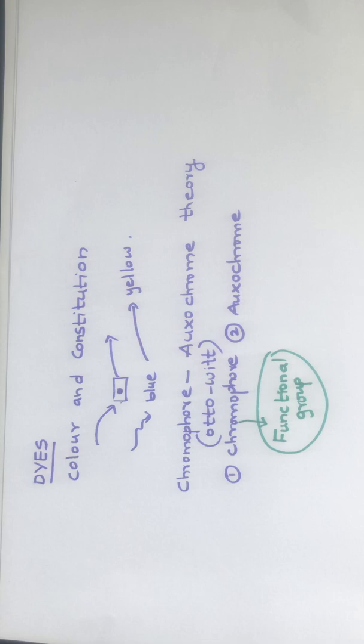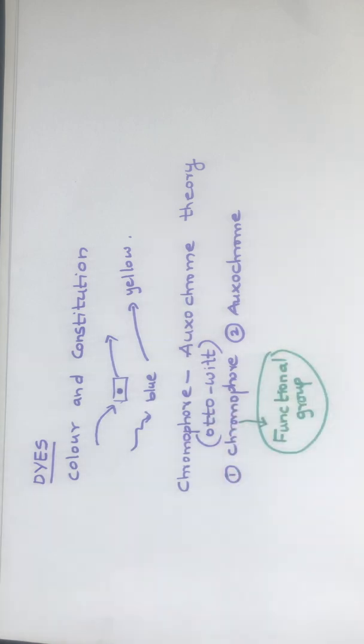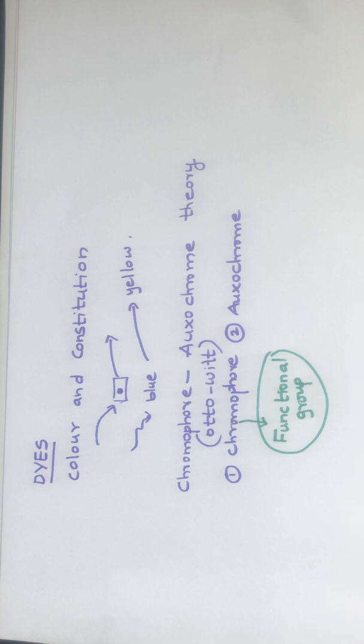The chromophores are the color bearing groups, and their presence produces a color in the molecule. That is, the presence of certain functional groups imparts color to it. The color of any dye depends upon certain functional groups, and those functional groups are referred to as chromophores. If those functional groups are not there, then that substance will be colorless.